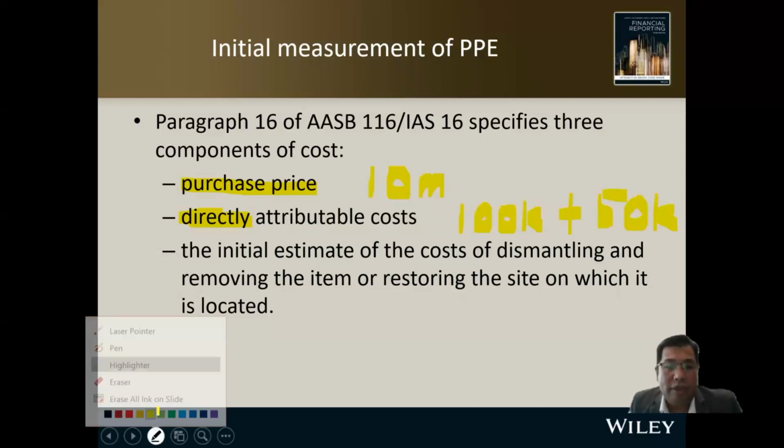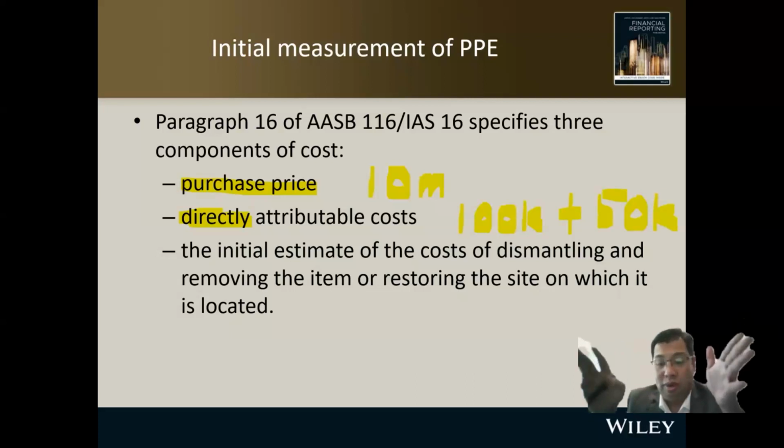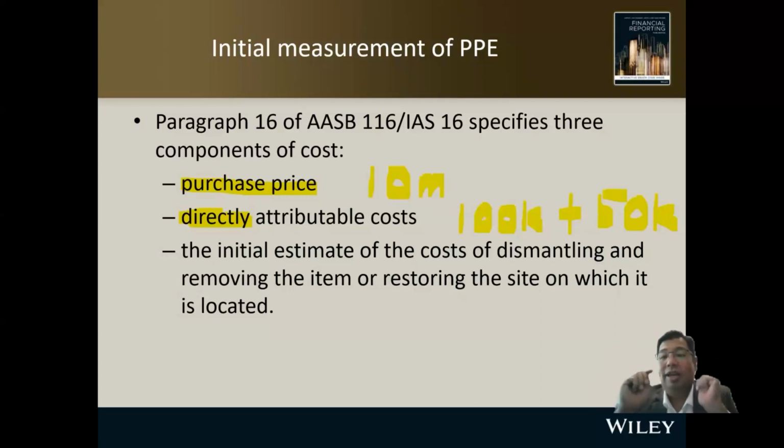On top of that, for certain sectors, for example the oil and gas industry, you build platforms. At the end of the project, you need to clear the land and remove the platform, otherwise you will be fined by the government. So that cost of dismantling should be considered as part of the cost of the PPE.